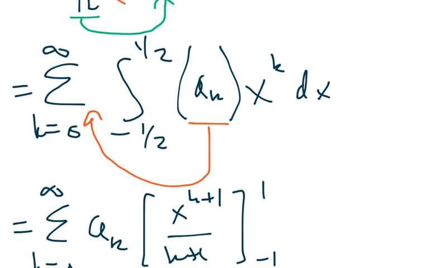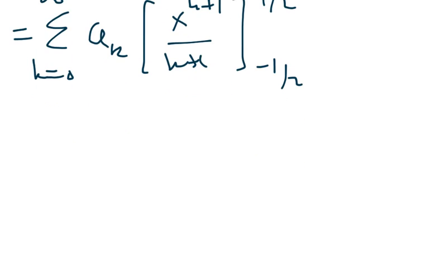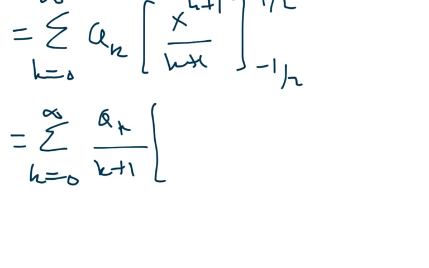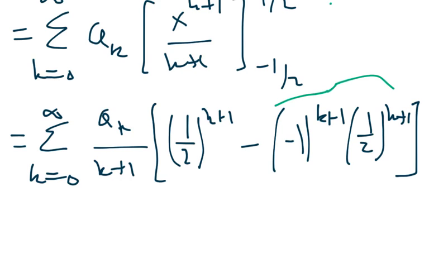But now, if you notice, this is from minus 1/2 to 1/2, which is within our radius of convergence, right? Because 1/2 is less than 5/6. So now we can write this as the sum from k equals 0 to infinity of a_k over k plus 1, times 1/2 to the k plus 1 minus minus 1/2 to the k plus 1. And I write it like this because, if you notice, this is equal to minus 1 to the k plus 1 times 1/2 to the k plus 1.